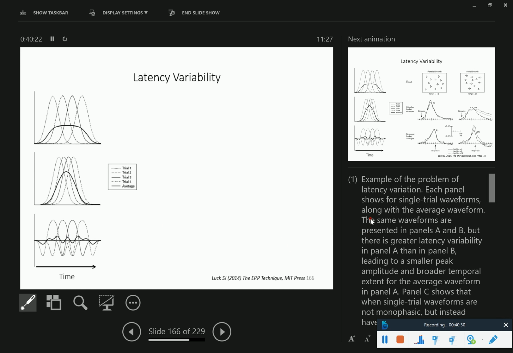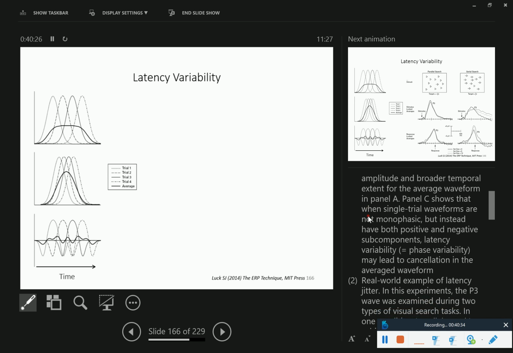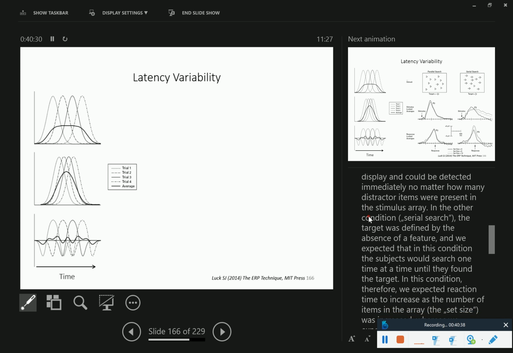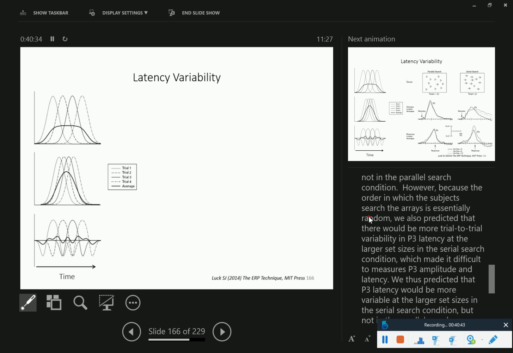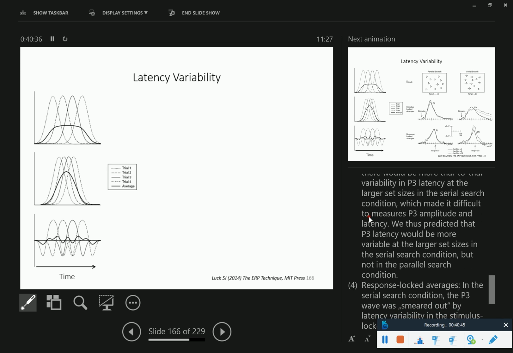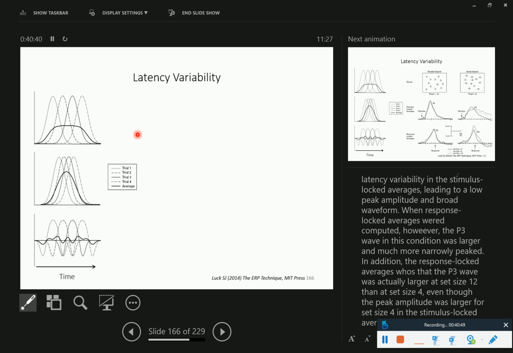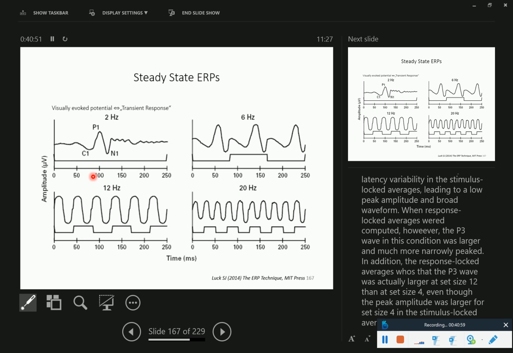This example is a little bit of a complicated experiment that you can read about in the log book. Will not be quizzed in the exam. The important thing about latency variability, and then we will come back to this thing. So that's kind of a serious search experiment.